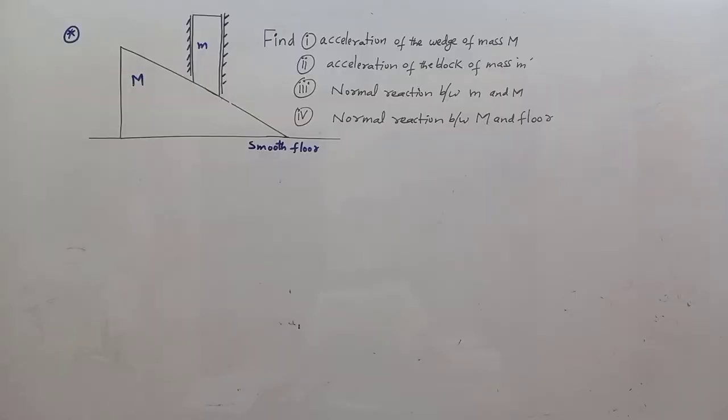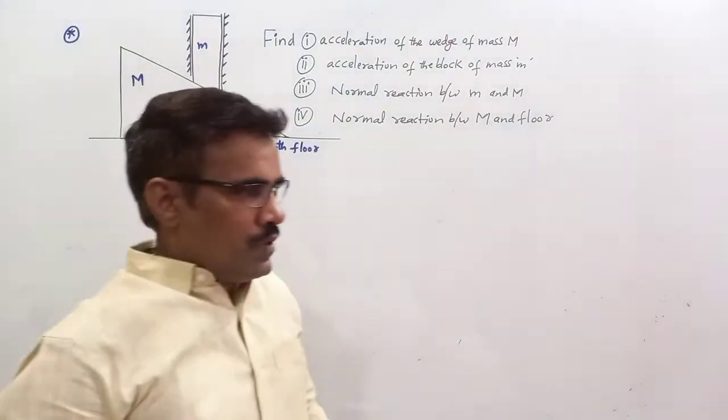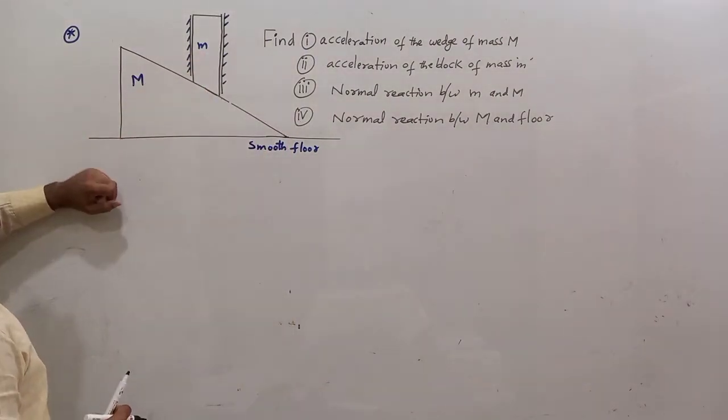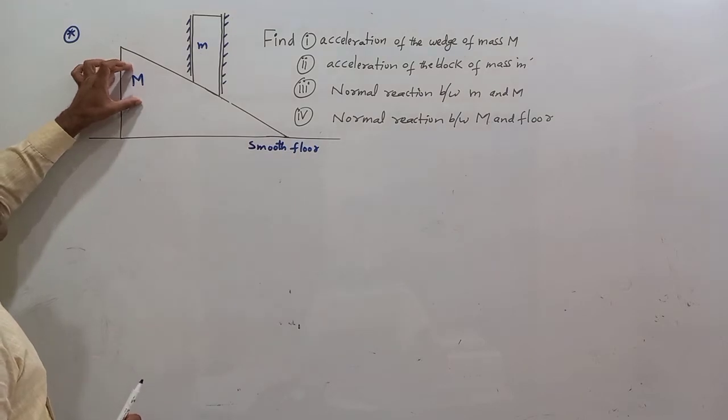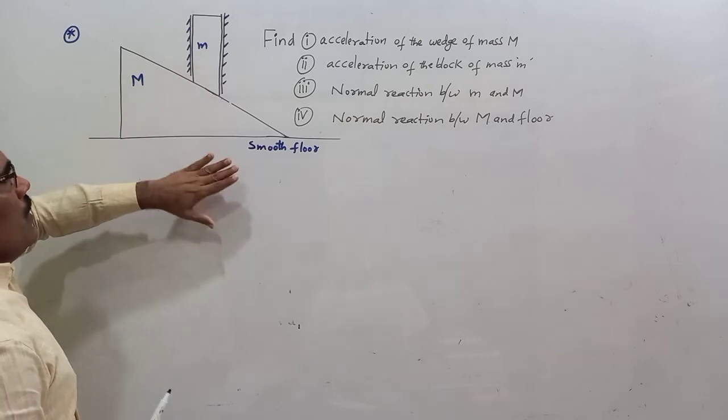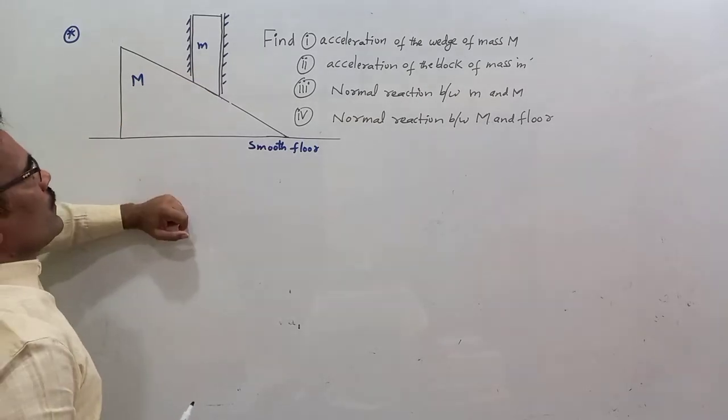So all of you write, your most important concept: a wedge of mass capital M and a block of mass small m, as shown in the figure. It is a smooth floor.